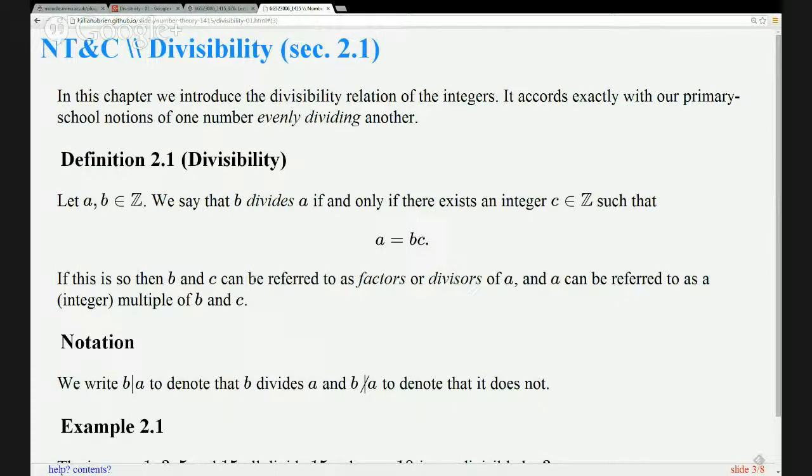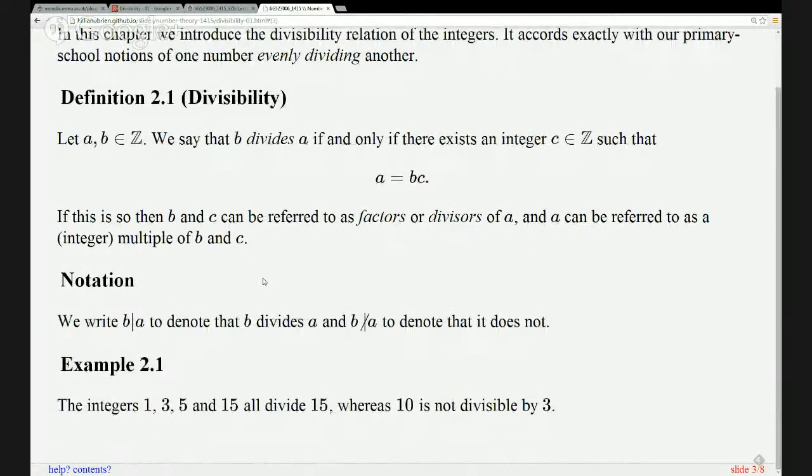Now, to save us saying b divides a all the time, there's a compact notation. The compact notation is the straight line, b straight line a. If you're reading that, you don't read it as b straight line a, you read it as b divides a. And its negation, b does not divide a.